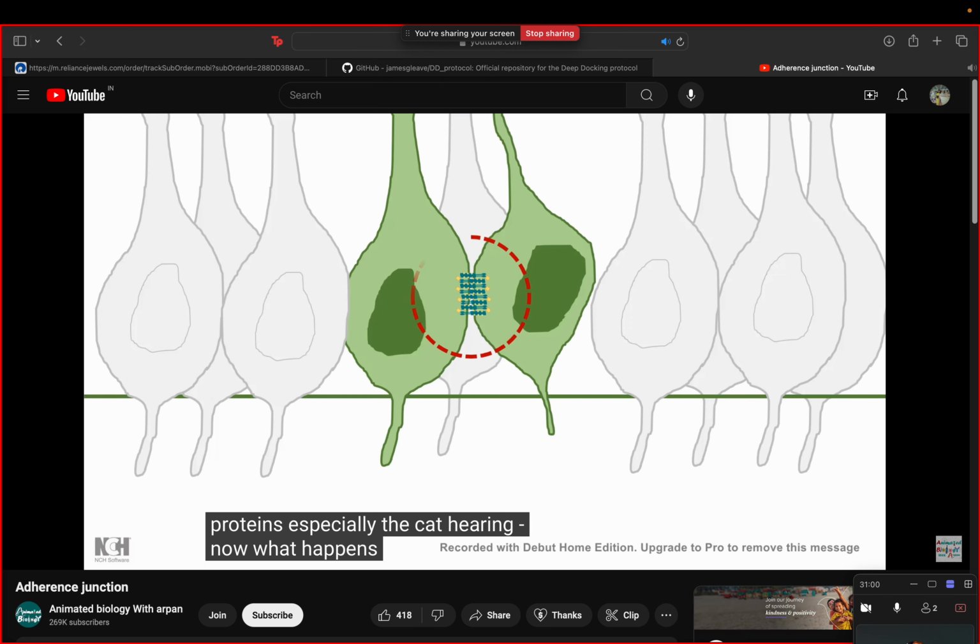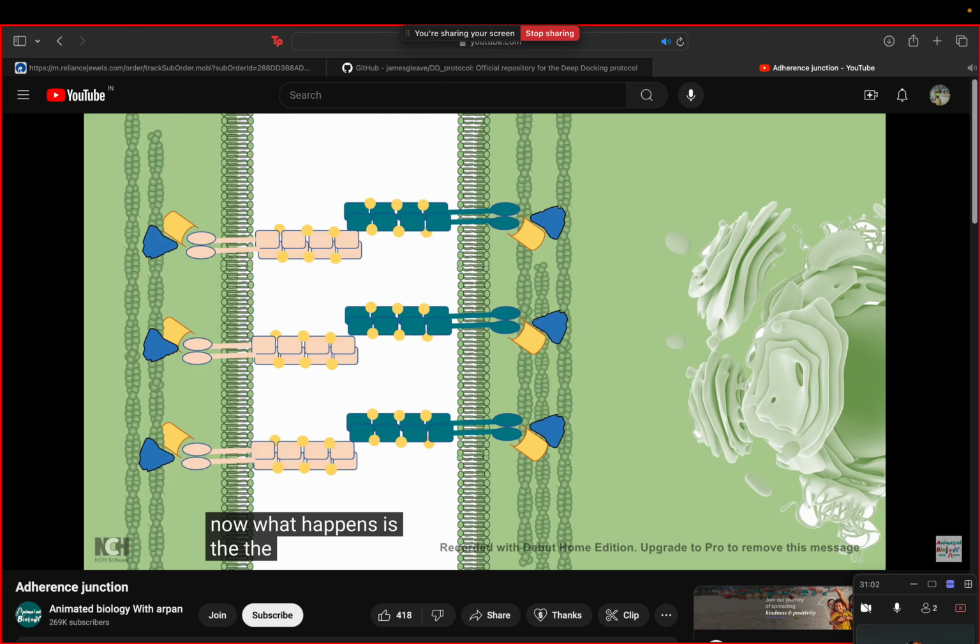Now, what happens is these specific interactions between the cadherins are very strong. They allow these cells to divide continuously and increase in number before they give rise to particular neurons or glia. And these adherens junction based interactions also ensure that they don't leave the ventricular zone and mismigrate into other regions.